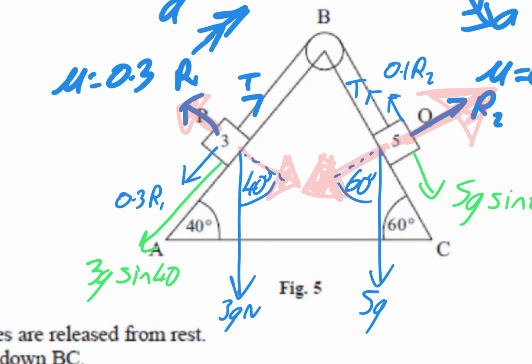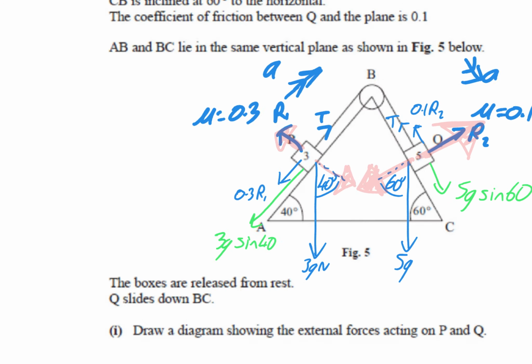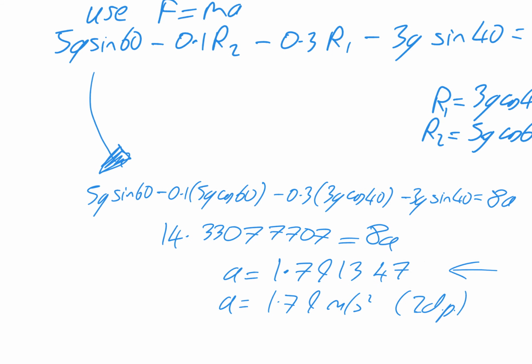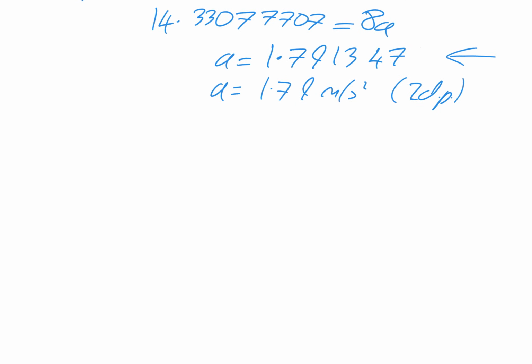So we'll go back on our diagram and see how we get this. Right. So at the 3 kilograms, we're going to use force equals mass times acceleration. Tension was the only thing going up.